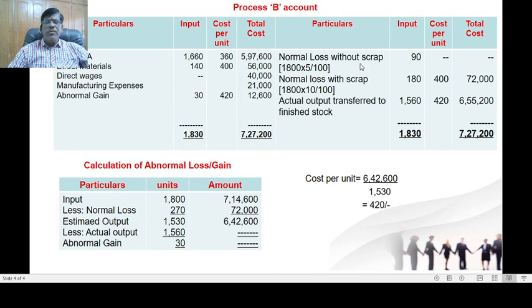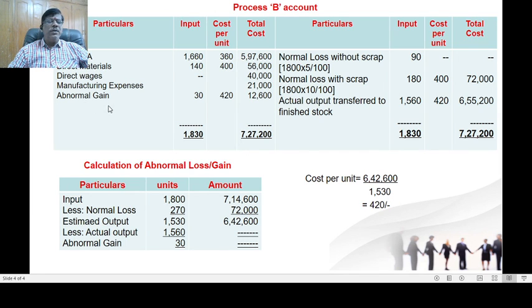To calculate abnormal loss or gain, if the given problem has the actual output, only then do you need to calculate abnormal loss or gain. Otherwise, you need not calculate it. Finally, you have to calculate cost per unit: estimated cost divided by estimated output gives cost per unit.